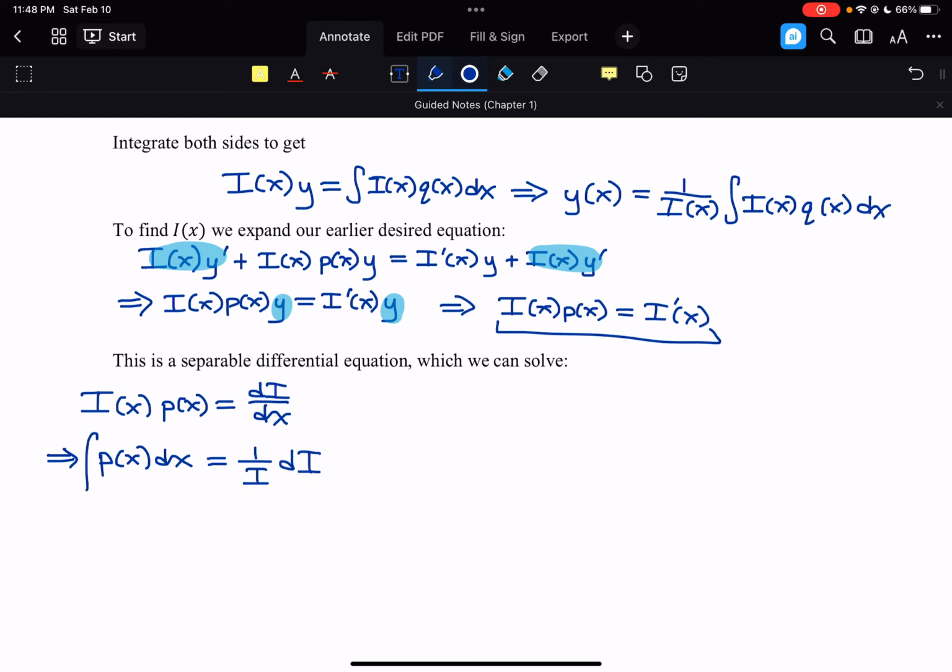Then we can go ahead and integrate both sides. So we get the integral of p of x dx. We don't know what p is. For I, though, if we have 1 over I, we can take the antiderivative. That's the natural log of the absolute value of I. Let me switch these around because we're solving for I here.